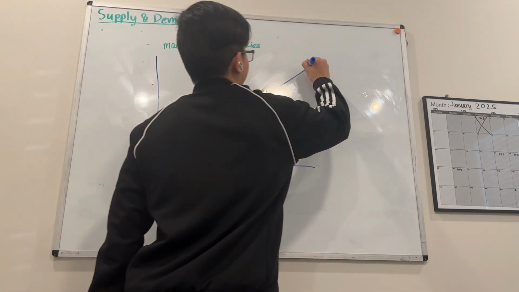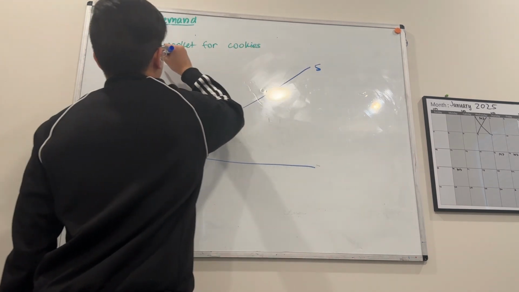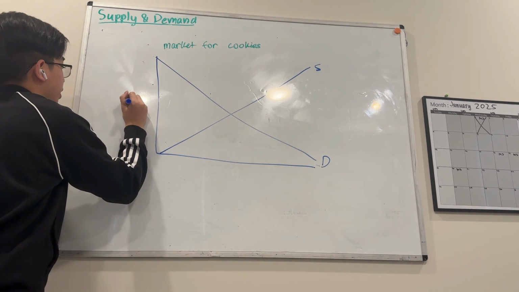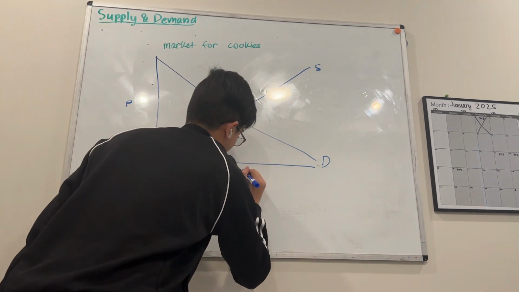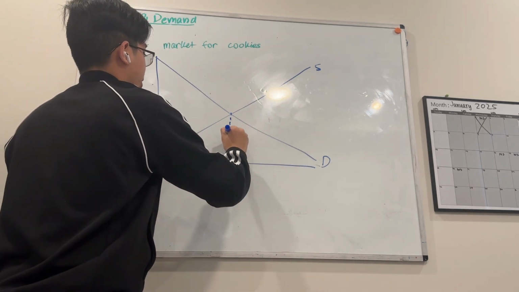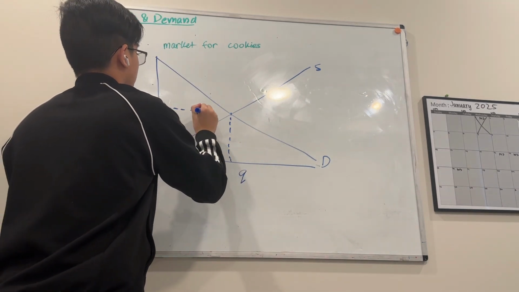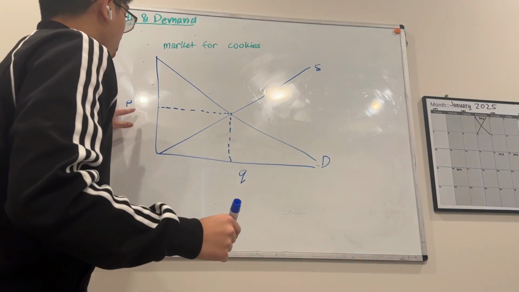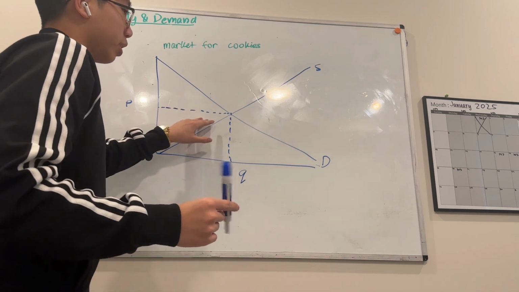And this is the upward sloping supply and a downward sloping demand, just like before, with price as the y-axis and quantity as the x-axis. So this is the equilibrium point. This is the goal. This is where stores want to charge. This is the price they want to charge.